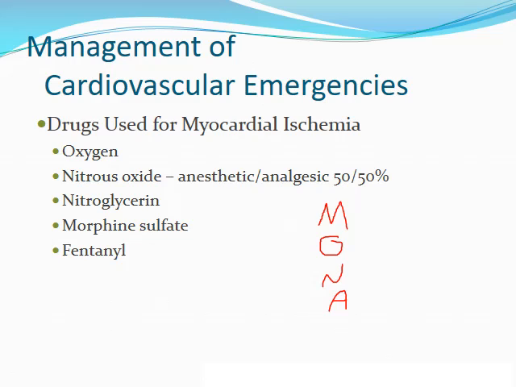We normally start out with some oxygen if they are hypoxic, less than 94%. Then we give 324 milligrams of aspirin and a nitro if their blood pressure supports it. And then we're using morphine or fentanyl, which is the trend nowadays for cardiac pain control.